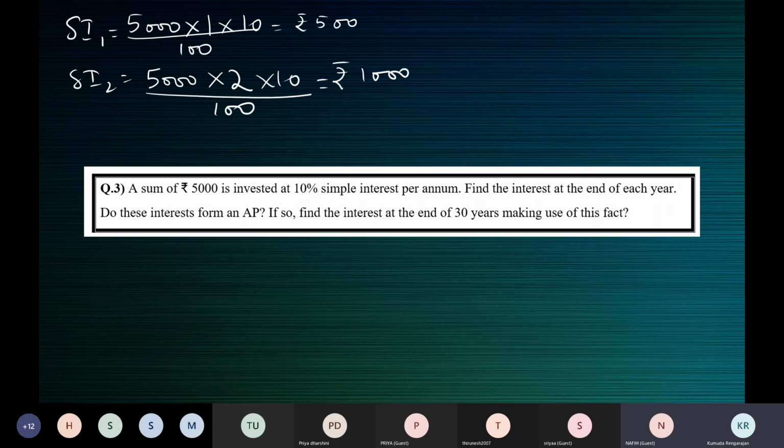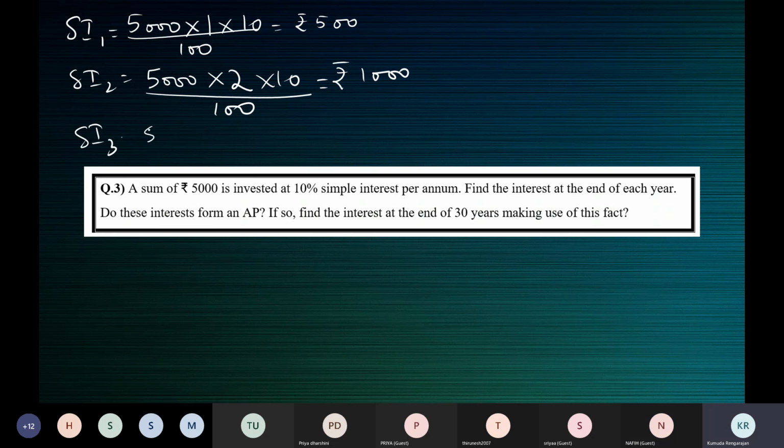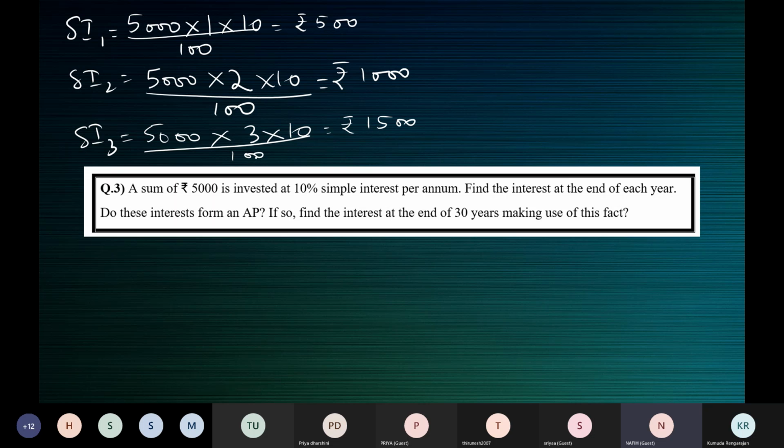Now, when we find SI3, principal into time, 3 years, into rate, same thing, by 100, PTR by 100. So if you keep 5,000 in the bank for 3 years, at the end of 3 years you go to the banker to collect your money.